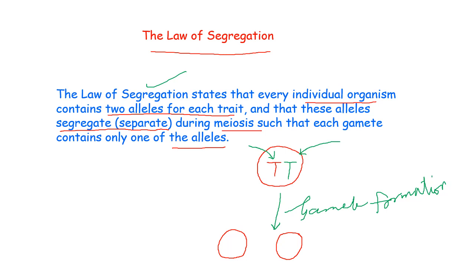For example, this capital T in red color will move to one gamete and this will move to another gamete. This is basically what the law of segregation states.